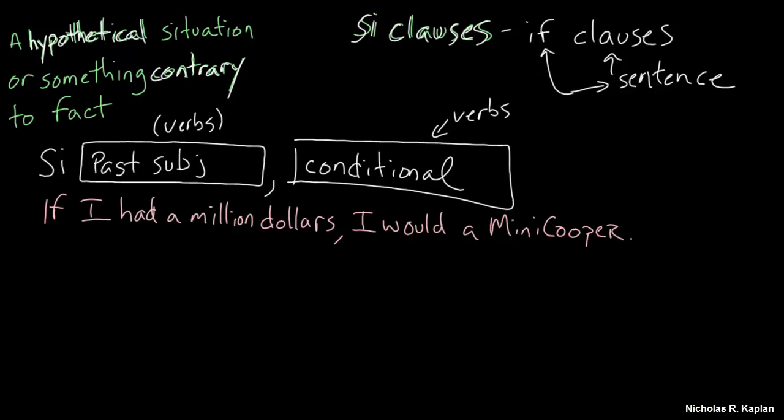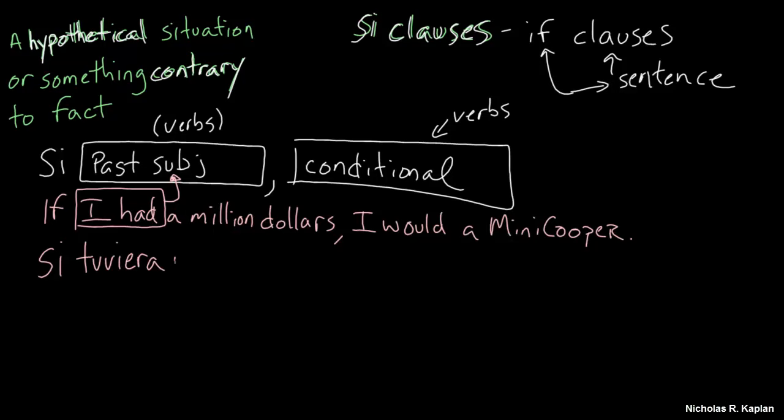Okay, so let's go ahead and try to put that into the subjunctive. Well, our first verb is right here. So I'm going to have si, and we need to put tener into the past subjunctive.